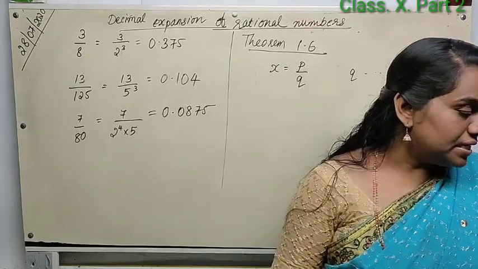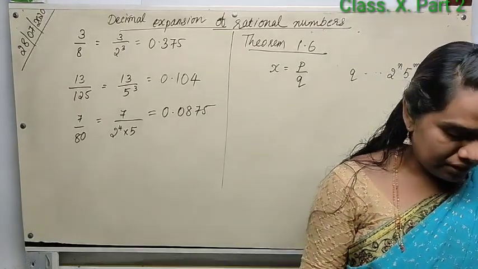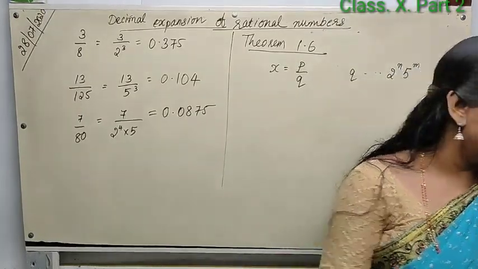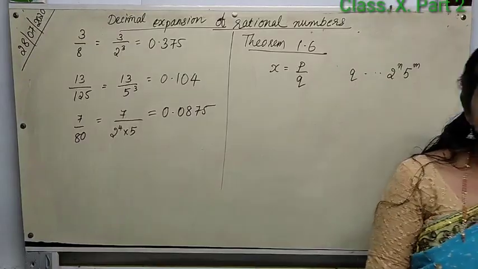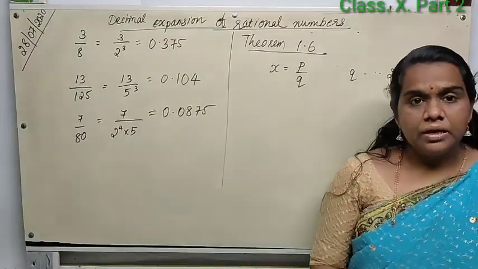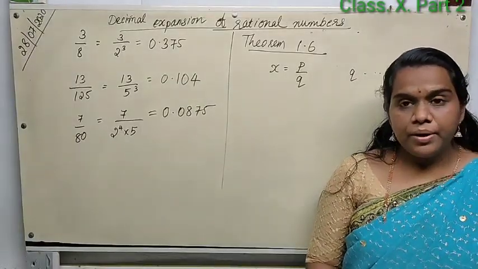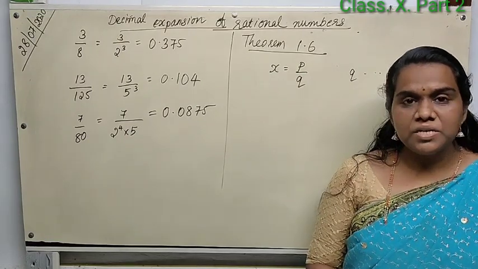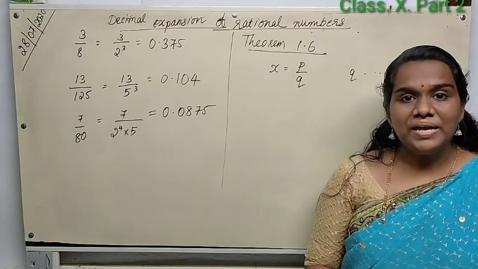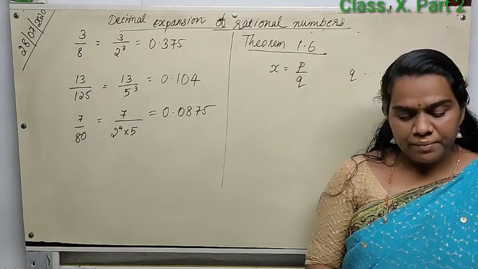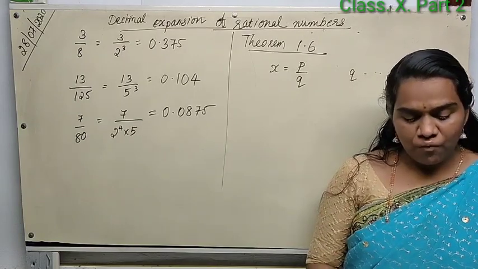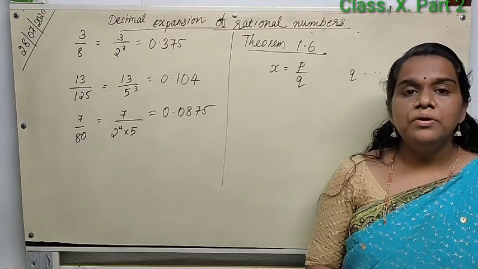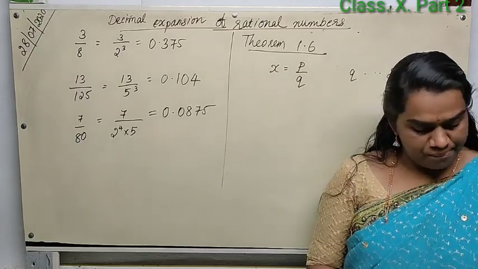That is the last section of this chapter. What is theorem 1.5? Theorem 1.5 says: let x be a rational number whose decimal expansion terminates. Then x can be expressed in the form p by q, where p and q are co-prime and the prime factorization of q is of the form 2 raised to n, 5 raised to m.